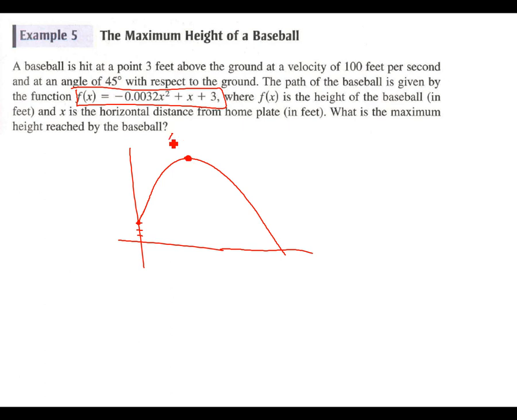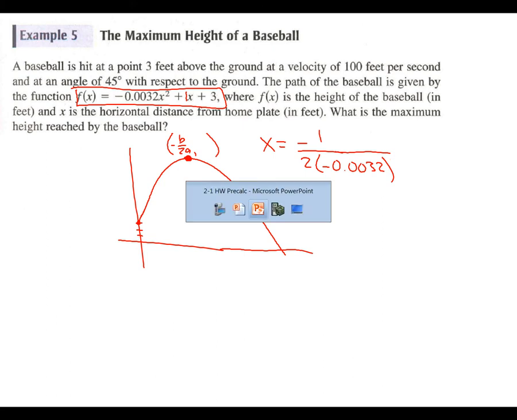All right, so let's go ahead and figure out what to do here. We can't figure out this because this is the vertex. So remember, negative b over 2a for our x. So let's plug it in. X equals negative, our b is 1 over 2, and our a is negative 0.0032. And so let's go to the calculator to figure that out.